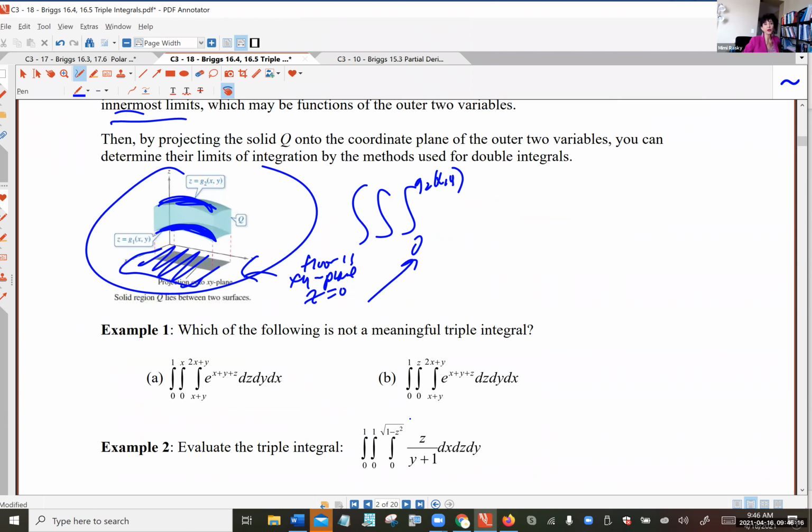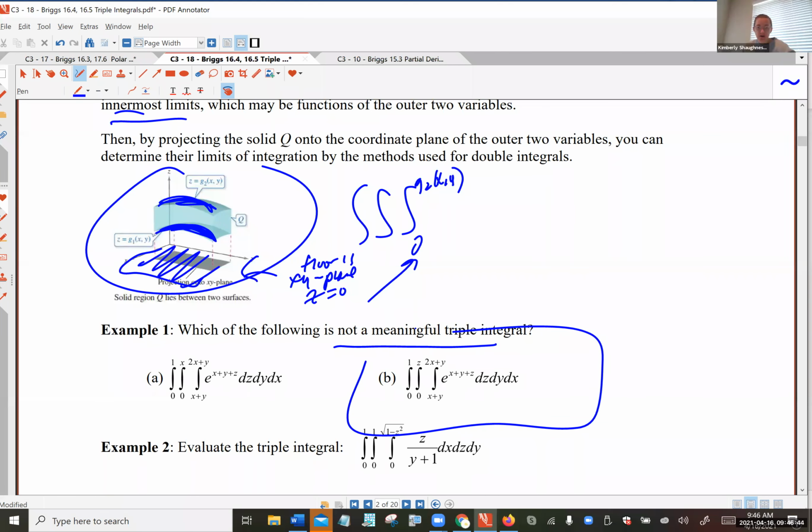Now, using your rules for iterating integrals, which one of the following is not a meaningful triple integral because it's violating one of the rules for putting limits on? Can you tell? B. Would it be B? Yeah, why? What's the baddie there? On the dy integral, there's a z.